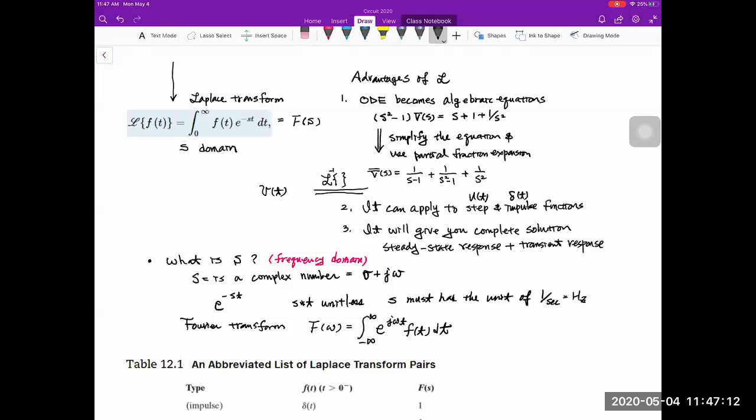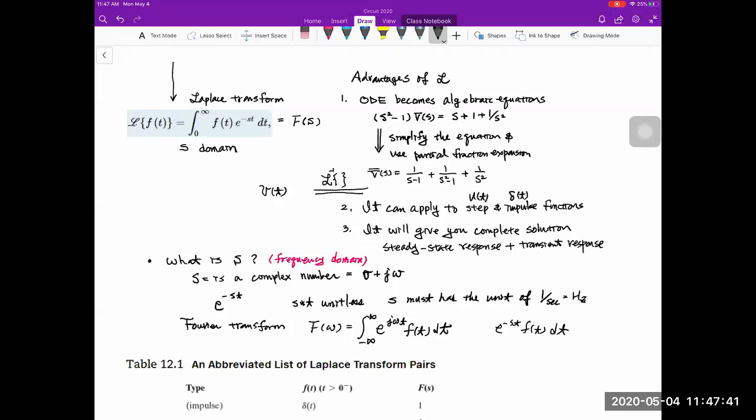Unfortunately, we don't have time. But if you look at the Fourier transform and the Laplace transform, the Laplace transform is this. They're very similar, right? The only difference is you replace the s with j omega, where omega is also a frequency.